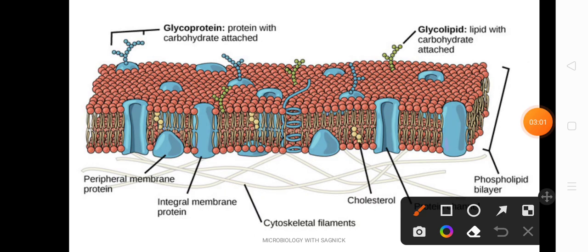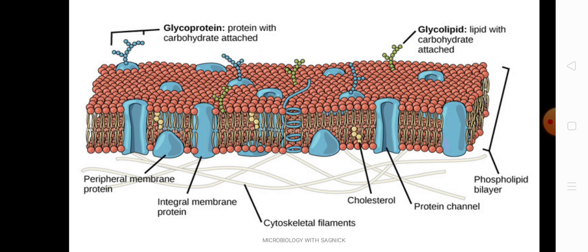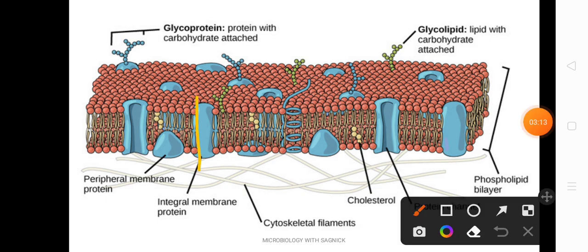Now, intrinsic protein or integral protein. Intrinsic proteins are these ones. As you can see, they are present in the membrane interior, spanning the lipid bilayer. As they are present in the inner side, we also call them intrinsic proteins. They are the proteins which are majorly present in the plasma membrane.